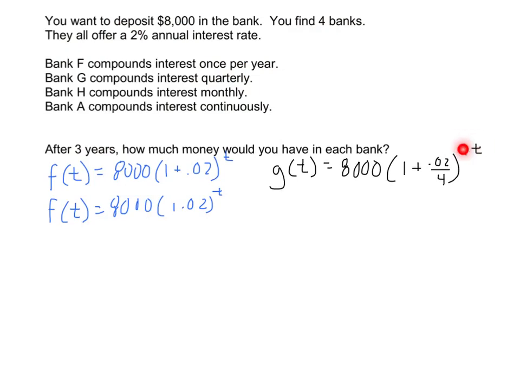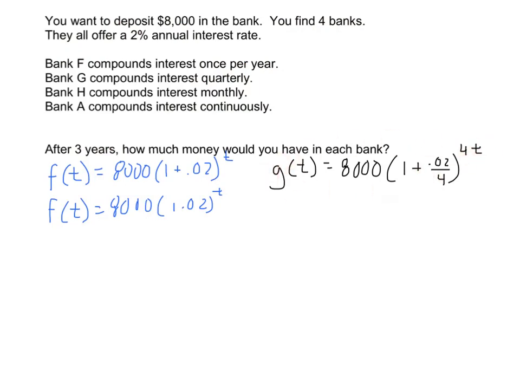Why do we multiply the time by 4? Because time is measured in years, and in 1 year there are 4 quarters. For example, if time is 2, then 2 times 4 is 8, so 8 quarters have passed. This is our formula for G.